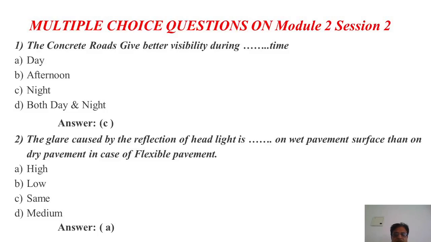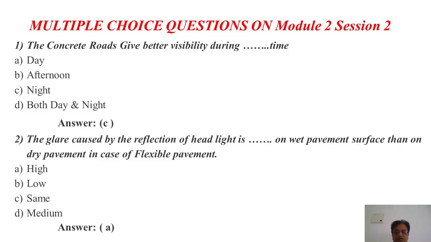Let's see some multiple choice questions based on our discussion. The concrete roads give a better visibility during dash: daytime, afternoon, night, or both day and night. The answer is during night.